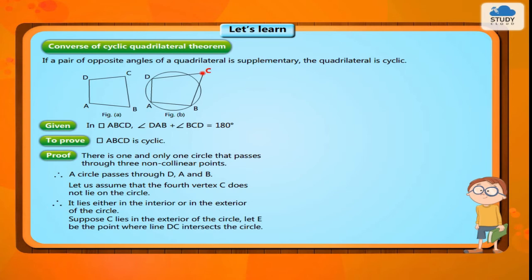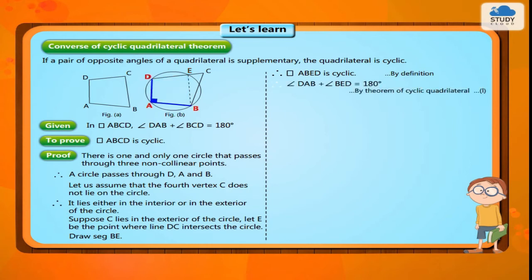Suppose C lies in the exterior of the circle. Let E be the point where line DC intersects the circle. Draw segment BE. Therefore, quadrilateral ABED is cyclic. Therefore, angle DAB plus angle BED is equal to 180 degrees. Equation 1. But angle DAB plus angle DCB is equal to 180 degrees. Equation 2.